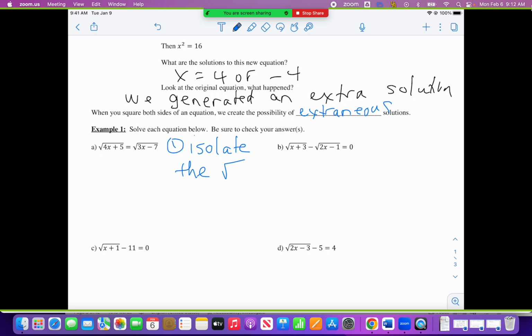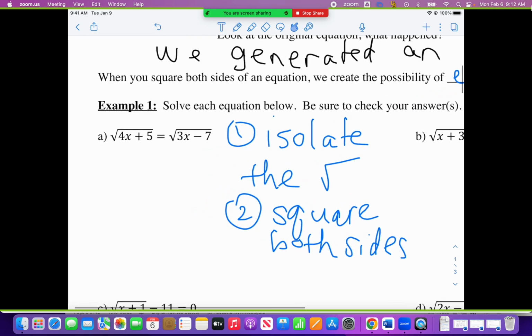Step 2, square both sides. So I'm going to come here and I'm going to square both sides. So that leaves me with 4x plus 5 equals 3x minus 7.